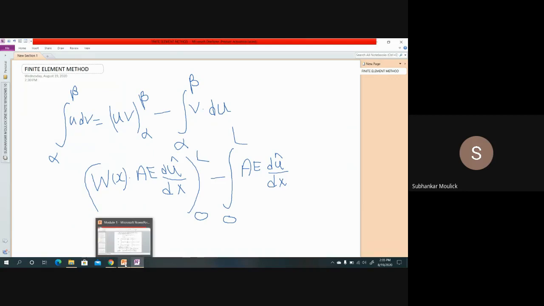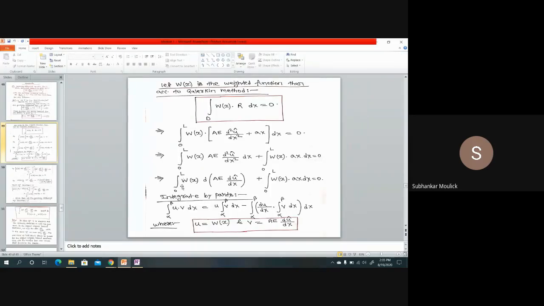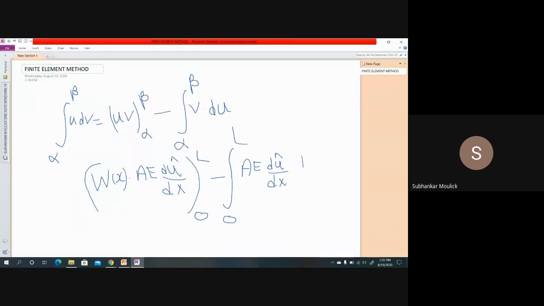That means in my question u is W of x. That means dW of x by dx into du. Fine. So into your entire integral with dx.